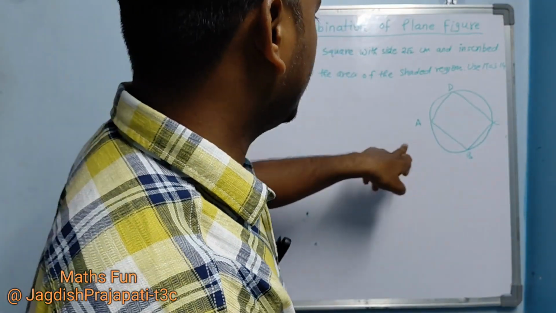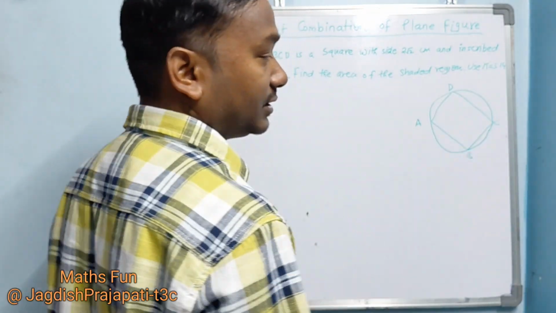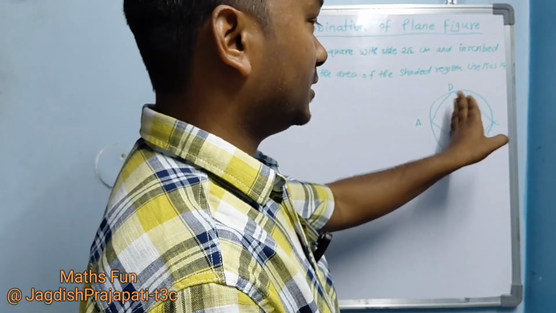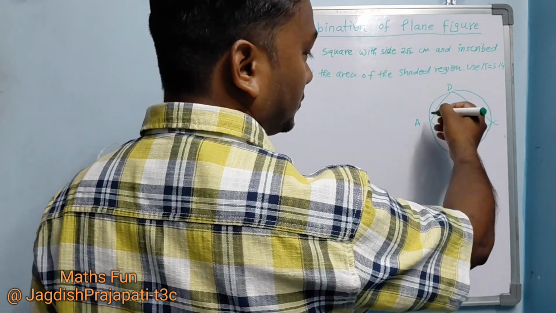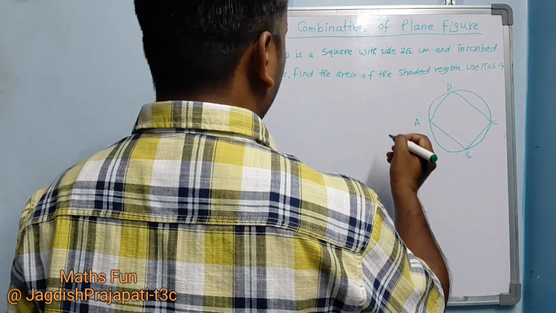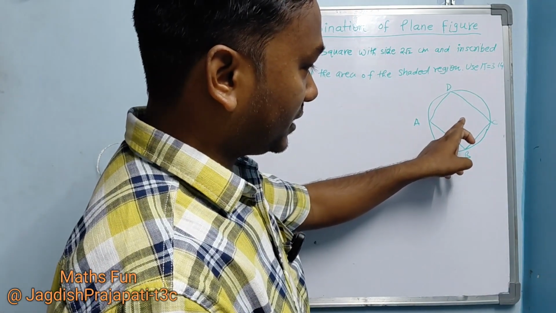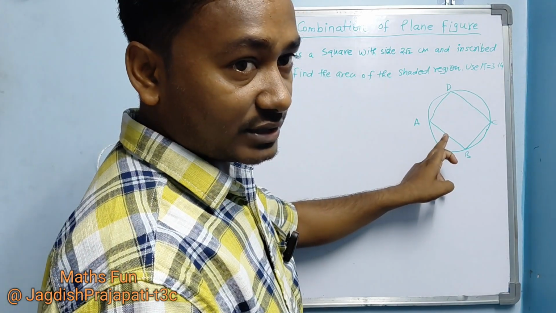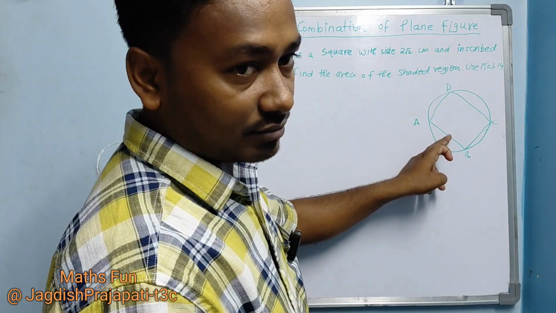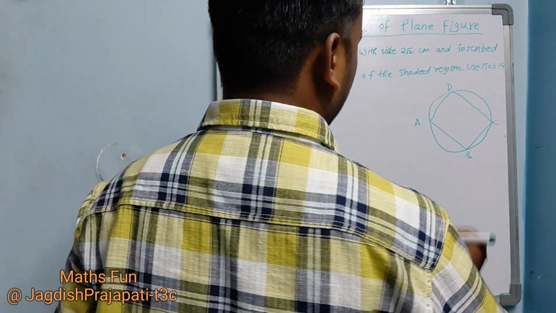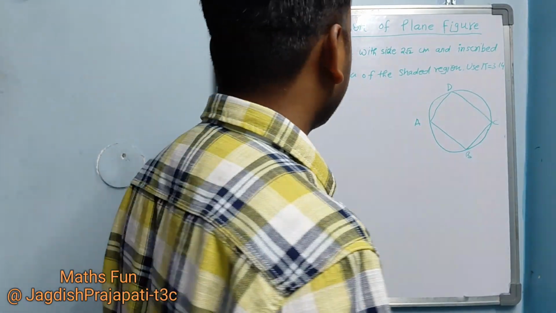It means these angles are 90 degrees, all the sides are equal, and the diagonals will be equal. And if we draw a perpendicular from the center of this circle to the opposite side, that will make 90 degrees here, and the angle will be 45 degrees.